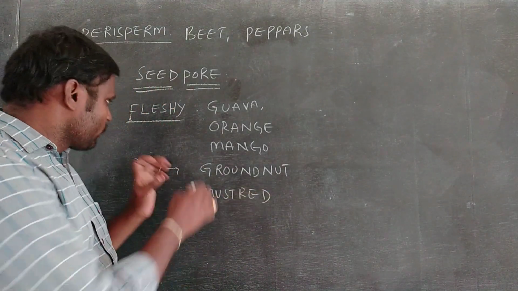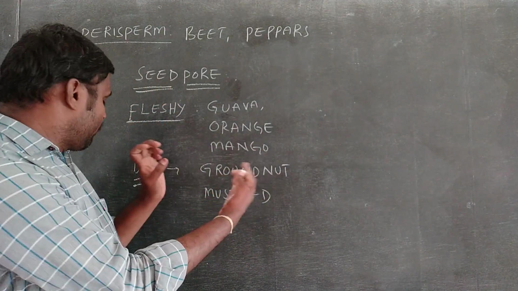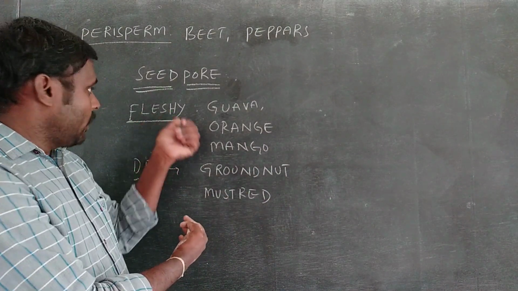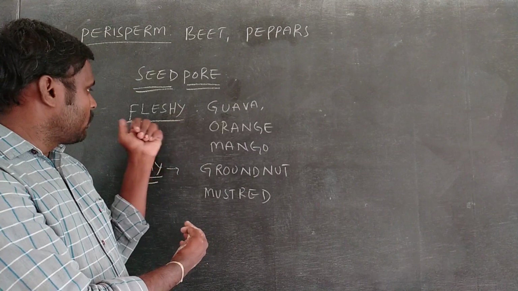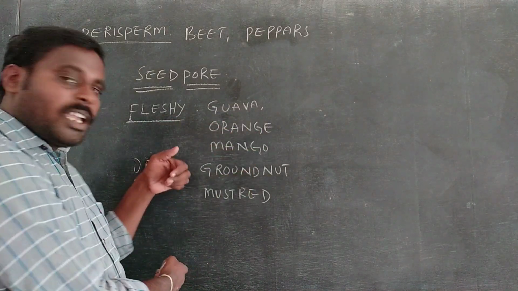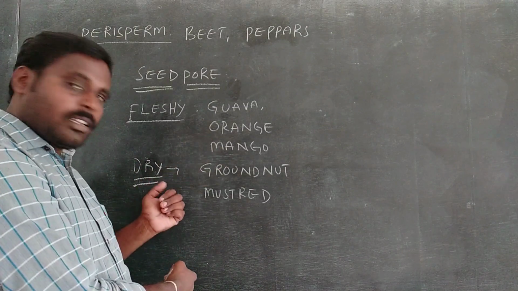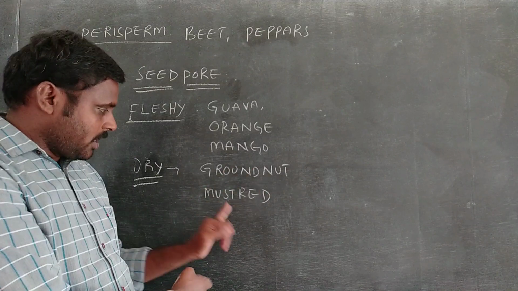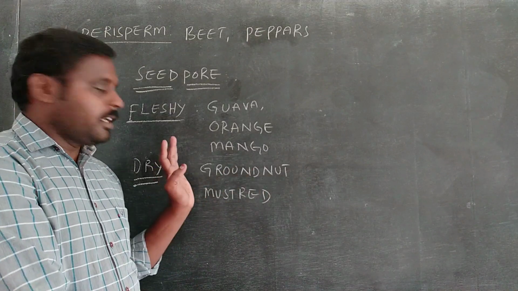In these, the pericarp is dry. So if the pericarp is fleshy, those are called fleshy fruits, examples being guava, orange and mango. If the pericarp is dry, examples are groundnut and mustard. Clear?